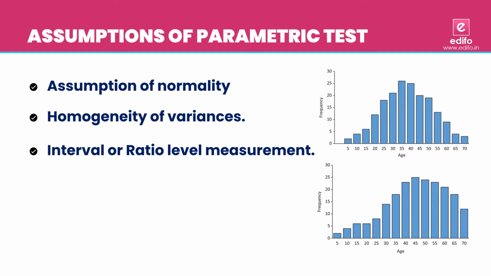But in the case of a non-parametric test, the data may be in nominal or ordinal scale. That means you can apply quantitative data in a parametric test and qualitative data in a non-parametric test. So prefer quantitative data if you are going to apply a parametric test to prove your hypothesis.